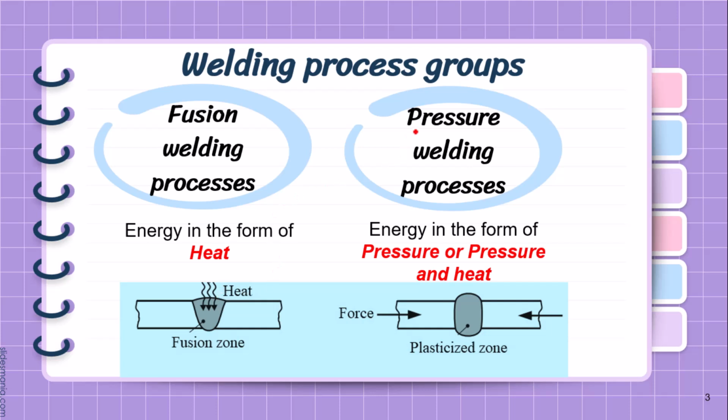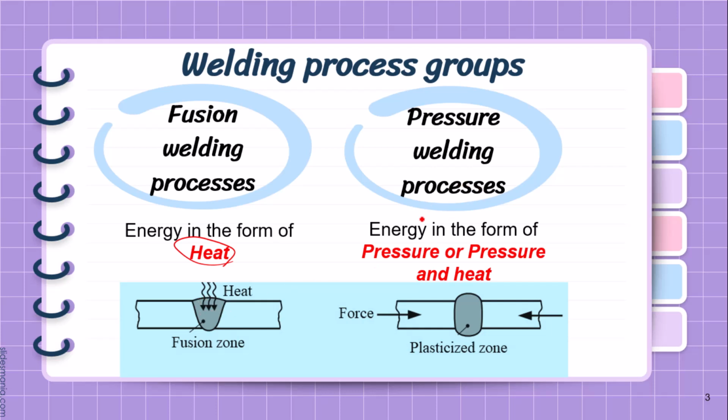Welding processes are classified into two groups: fusion welding processes and pressure welding processes. In fusion welding processes, we have the energy only in the form of heat. So, for example, melting and solidification, which results in a union between the two materials, and welding.